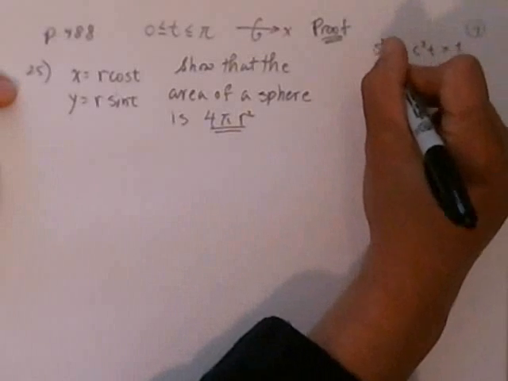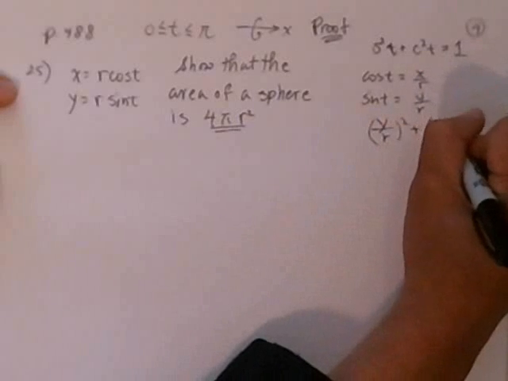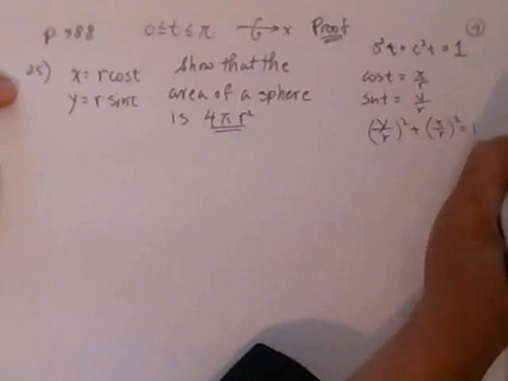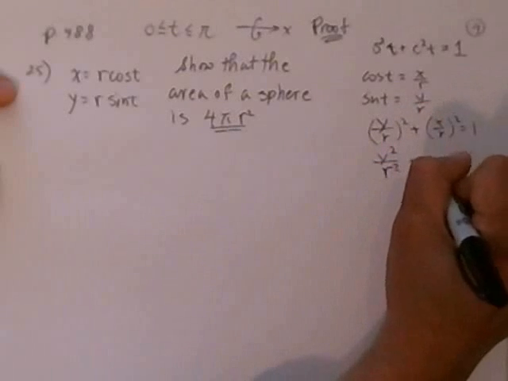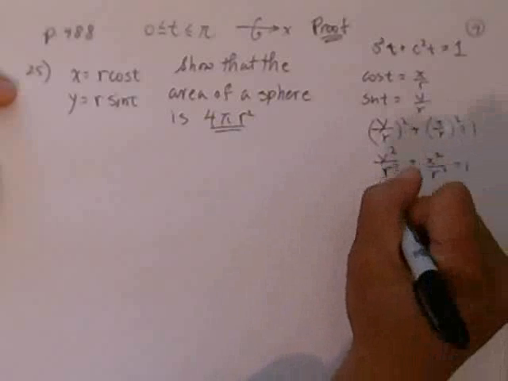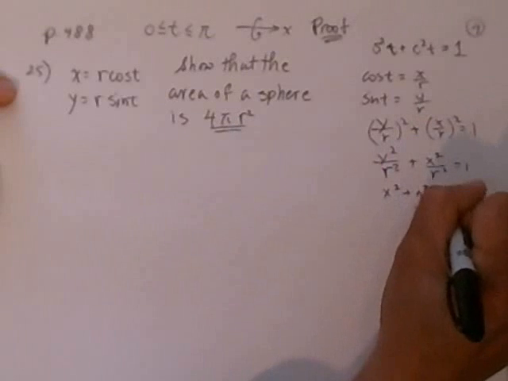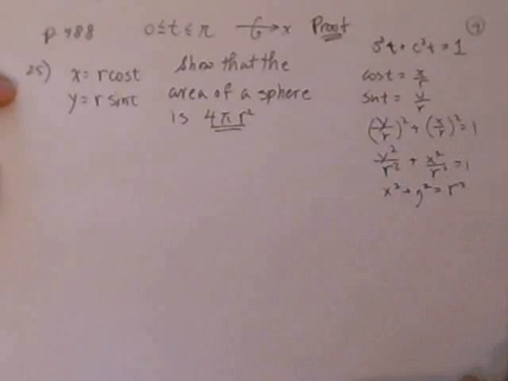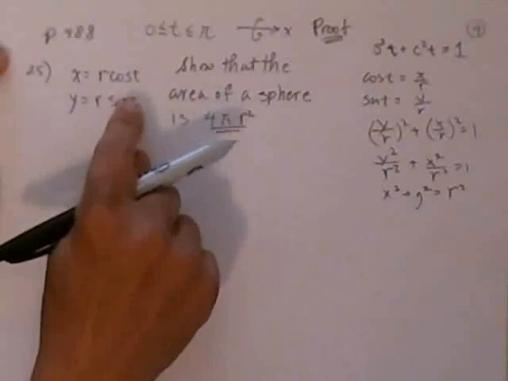So sine squared of t is y over r quantity squared plus x over r quantity squared is equal to 1. Y squared over r squared plus x squared over r squared is equal to 1. Multiplying both sides by r squared, x squared plus y squared is equal to r squared. And we know that from geometry to be the equation of a circle. So it's in the parametric form.